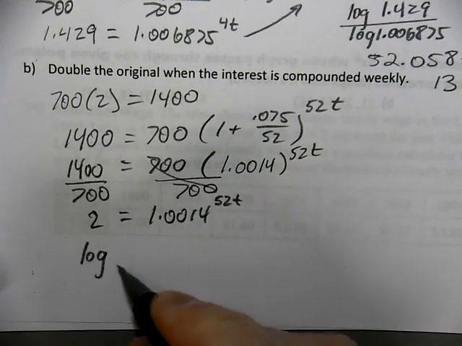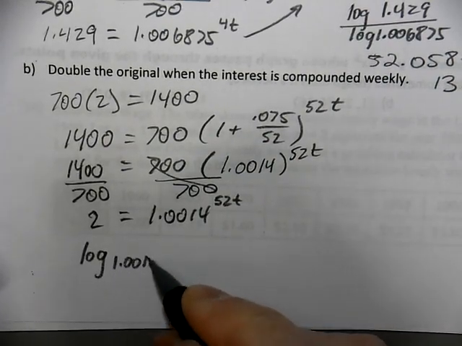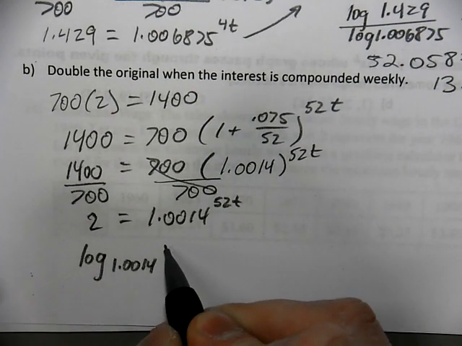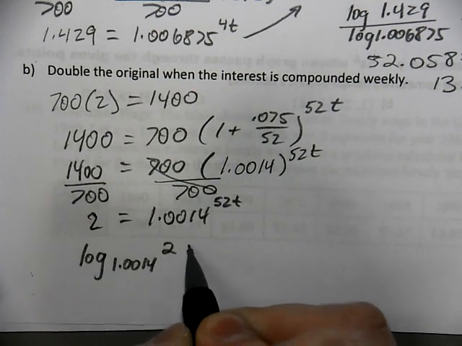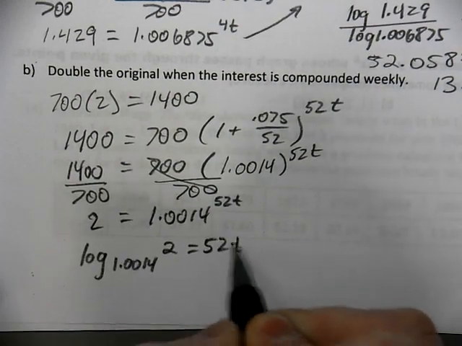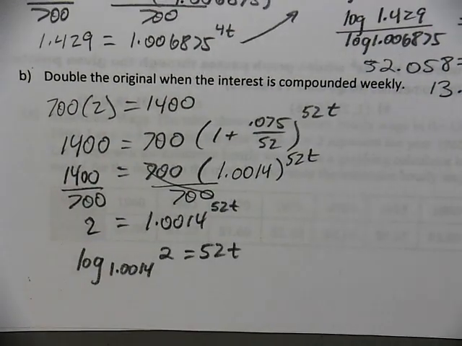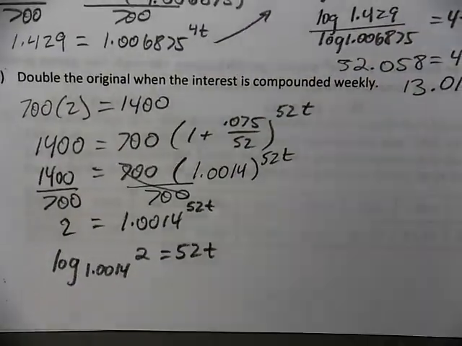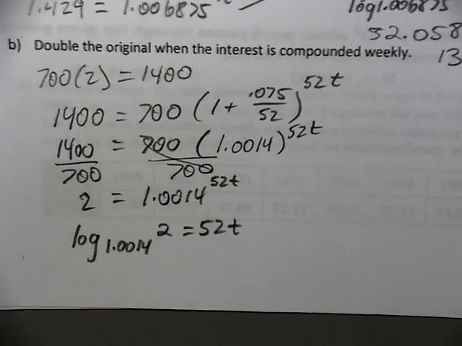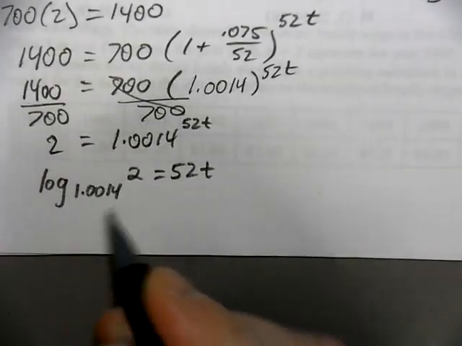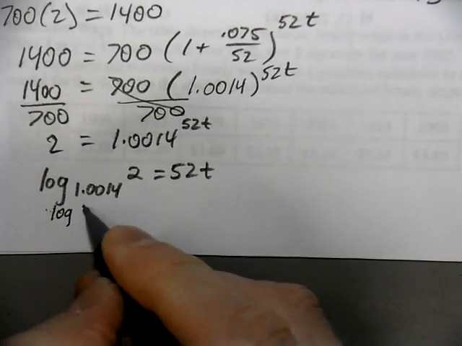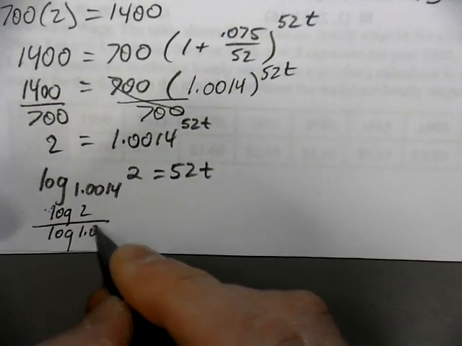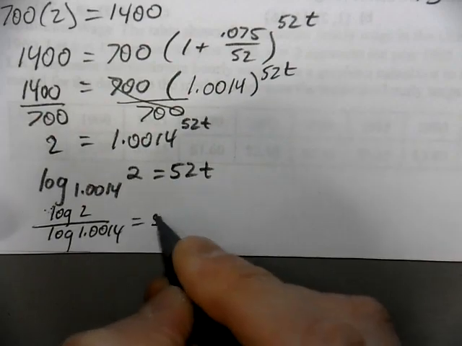So here we can say log base 1.0014, it's really more than that, of 2 equals 52t. Using our calculator, we'll do the change of base formula. So we'll do log of 2 over the log of the real value, 1.0014.